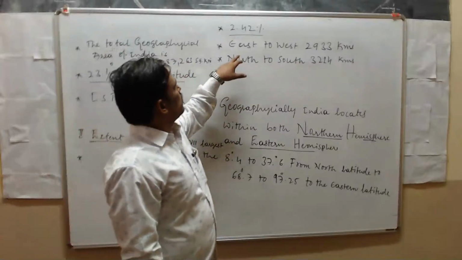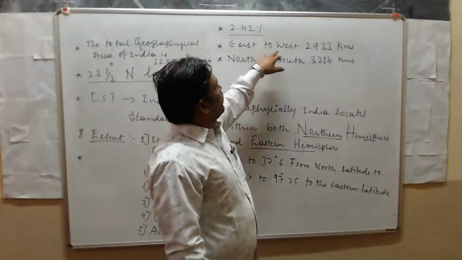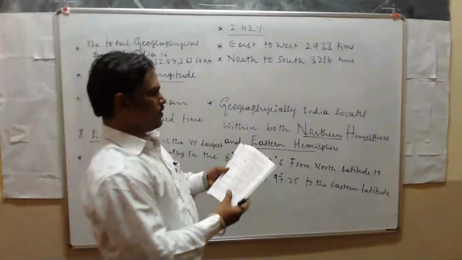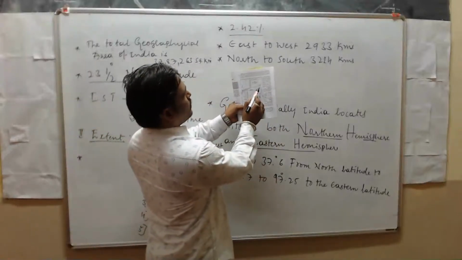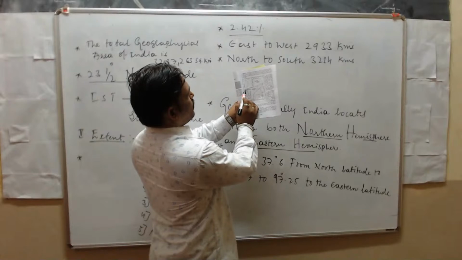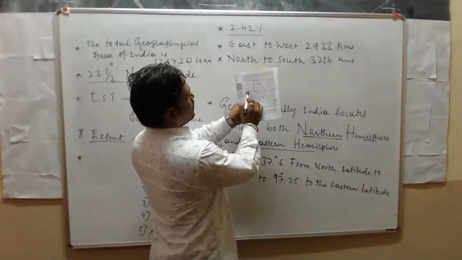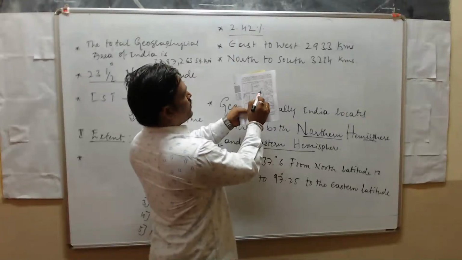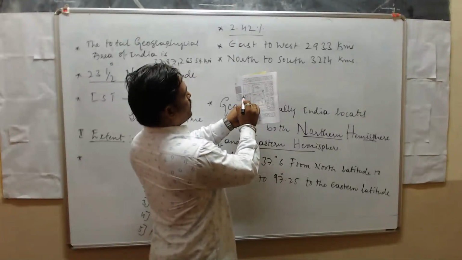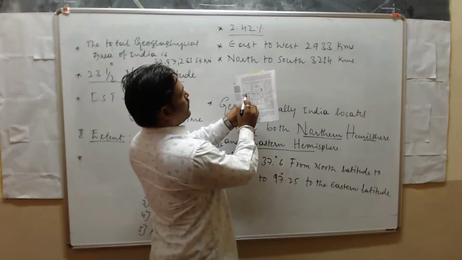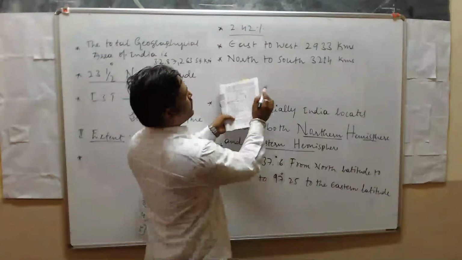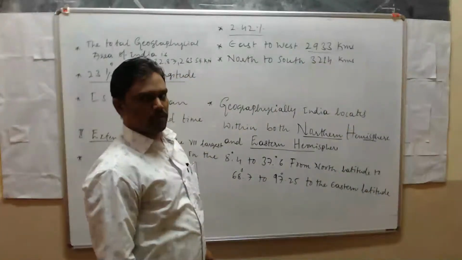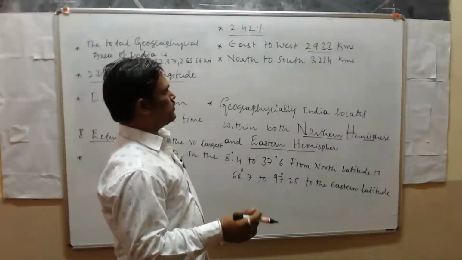See, once again, east to west means from this point to this spot. That is 2933 kilometers, the distance between east and west.